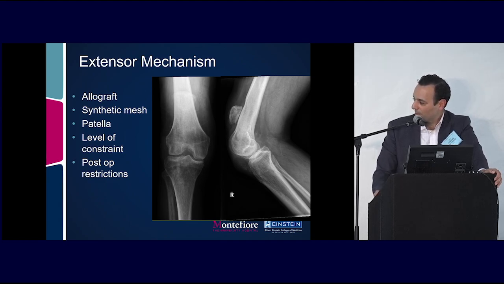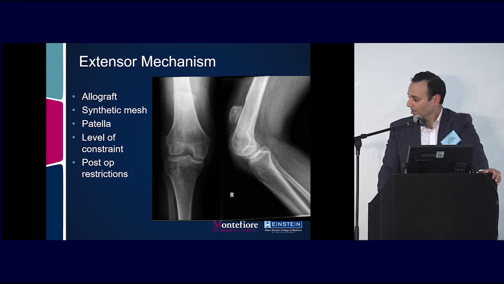I assume we're talking about a semitendinosus allograft, not a full extensor mechanism allograft. Usually an Achilles allograft with a bone block. But in a chronic setting, no, I think it's pretty clear that mesh reconstruction is probably the best of what we have. Again, the results aren't great.